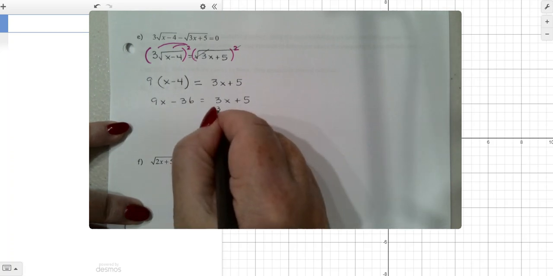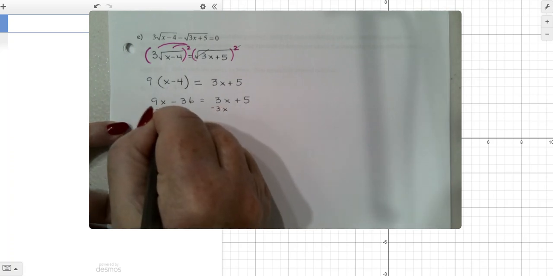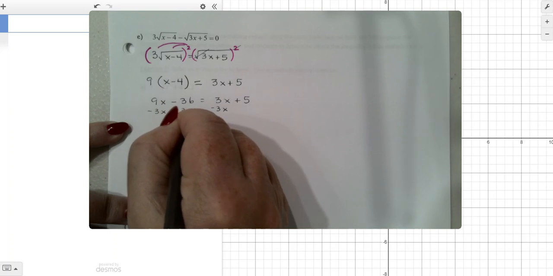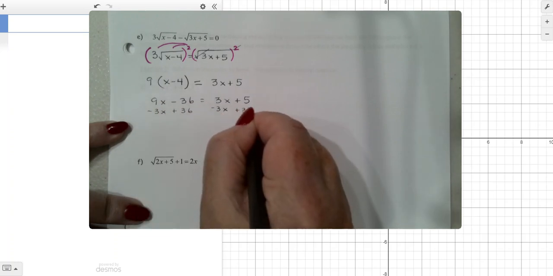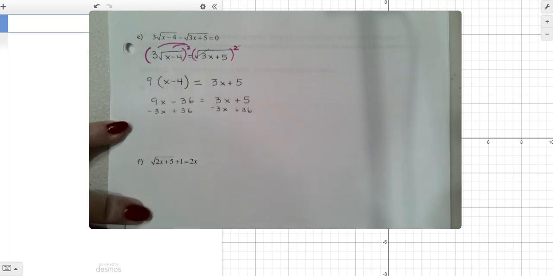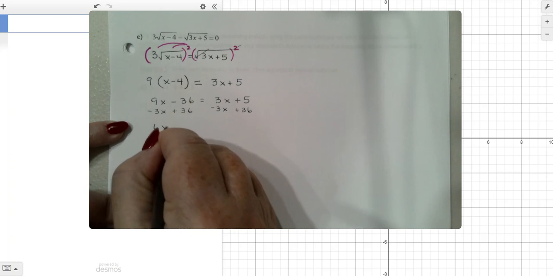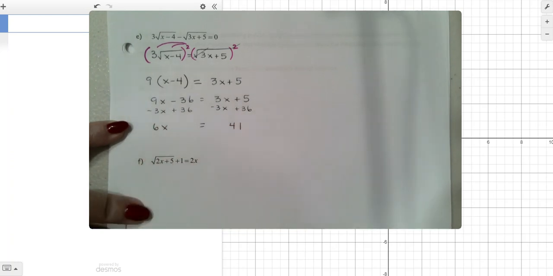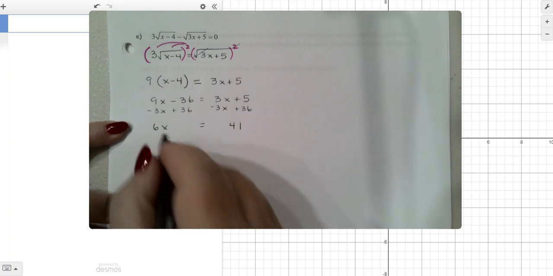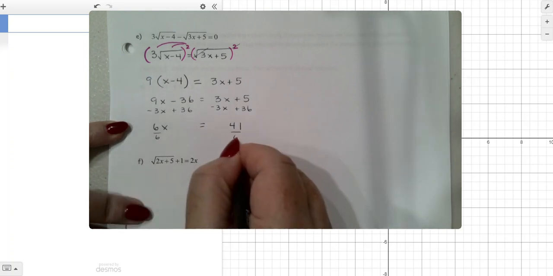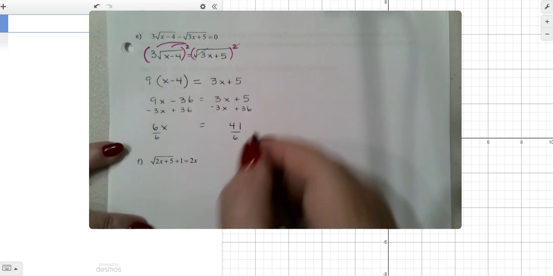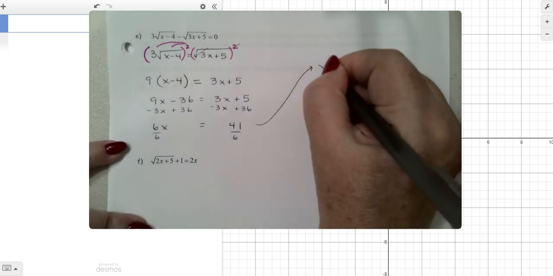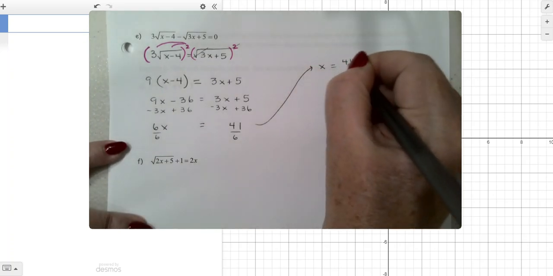I am going to subtract the 3x and add the 36. So I have 6x equals 41. And just dividing by 6, again, that's not going to come out evenly. So I'm just going to leave my answer as the fraction 41/6.